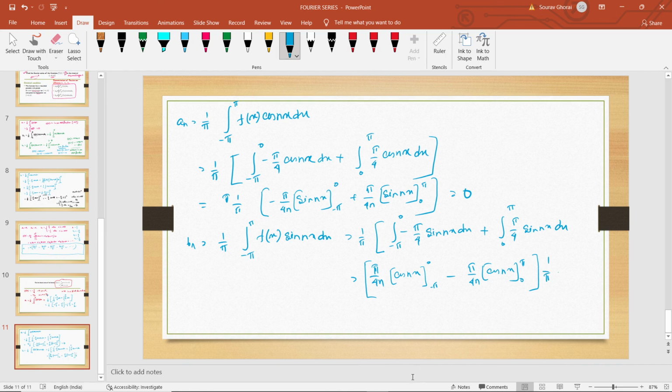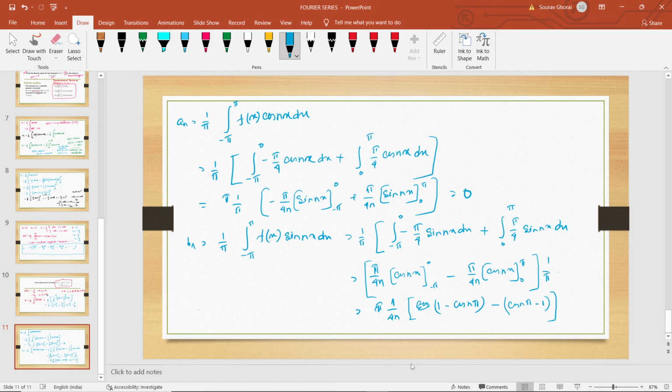And if we now simplify, what we get is 1 by 4n times (1 minus cos n pi) minus (cos n pi minus 1).